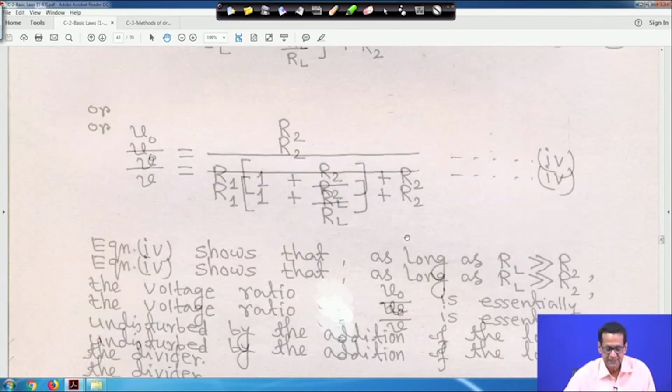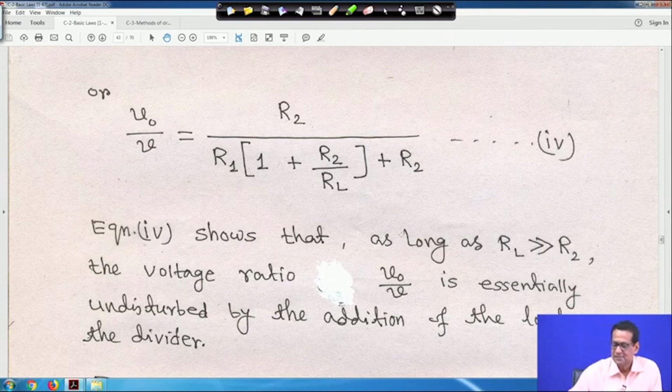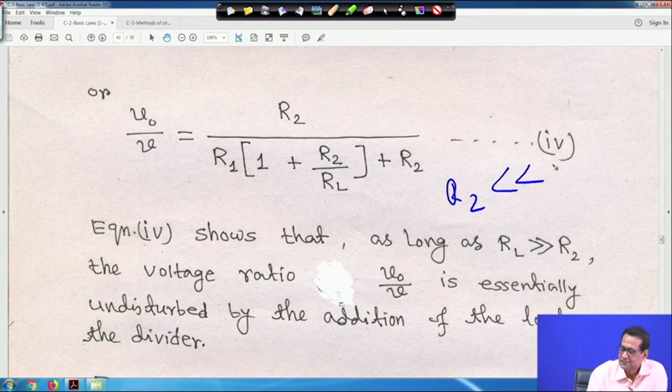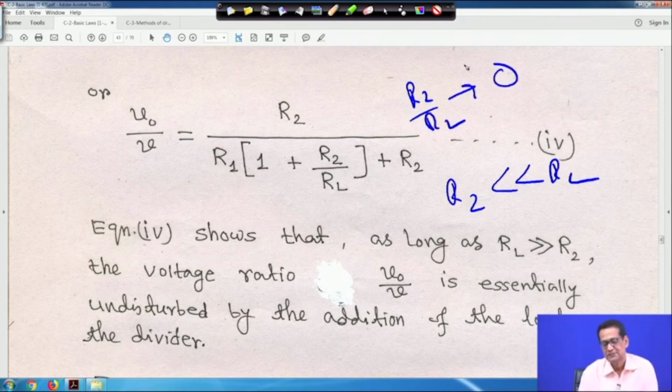That means equation 4 shows that as long as RL is much greater than R2, suppose R2 is very small compared to RL, here I am writing RL is much greater than R2, that means R2 is much less than RL. If it is so, then R2 by RL will tend to approximately 0.